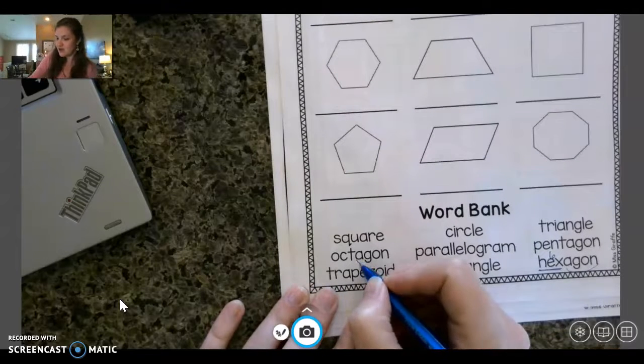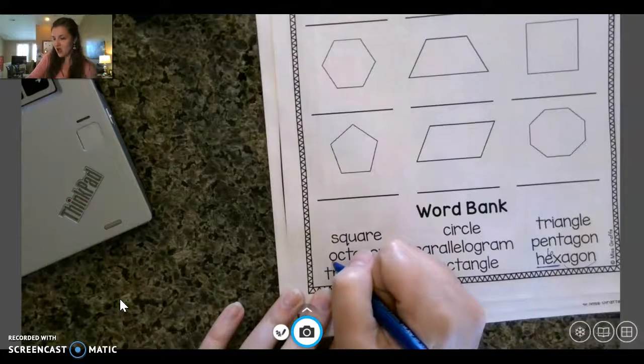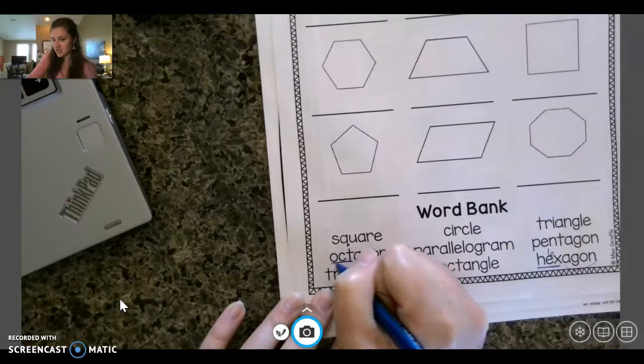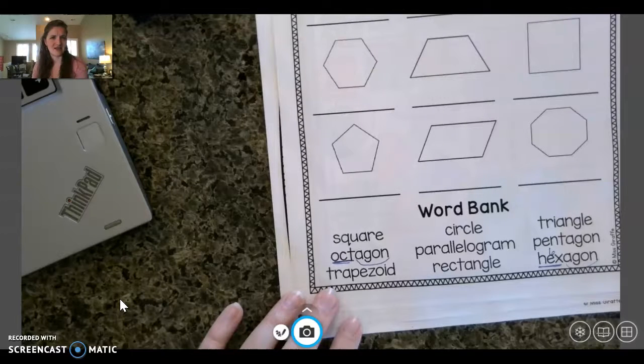Well, here I have agon again, but this time it says octagon. Octagon. Octopus? We've heard octopus before. That's another time the prefix oct is used. What is a fact you know about an octopus? Are you thinking about how many tentacles it has?